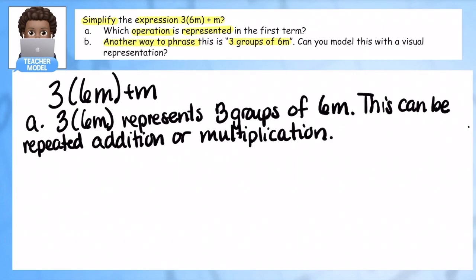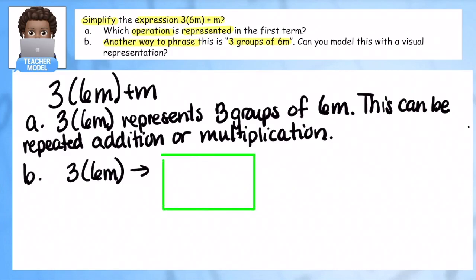So let's look at B in the second one. Can we represent this in another way? Well, of course we can. We can represent 3 groups of 6m. Let's look at it visually. Let's draw an array again. And this tells me I have 3 groups.